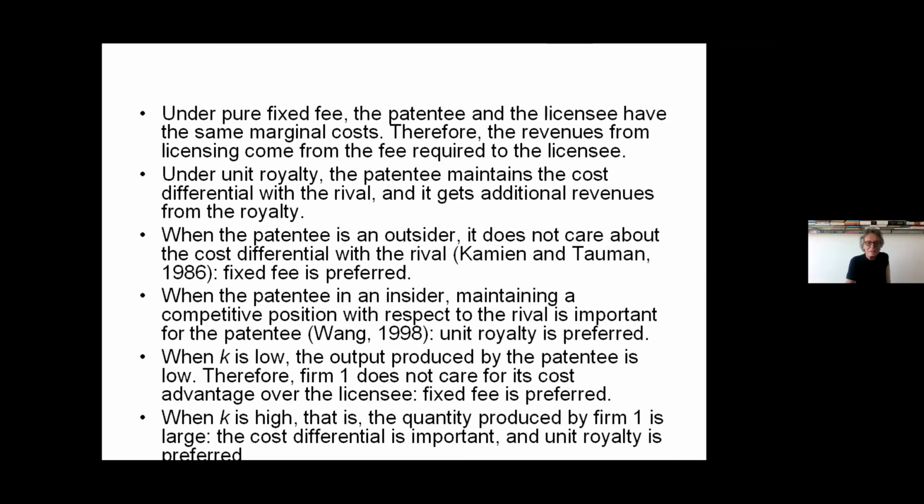To assume that the patent holder has the power to make a take-it-or-leave-it offer is the assumption behind the current approach. If you have many firms, I understand, but if you have only one, it looks to me more like a bargaining problem, and I'm pretty sure it's very doable. Then you take not just royalty compared to fixed fee, but all the possibilities, and you find out what the outcome would be. Is it a royalty, a fixed fee, or whatever? A good point.